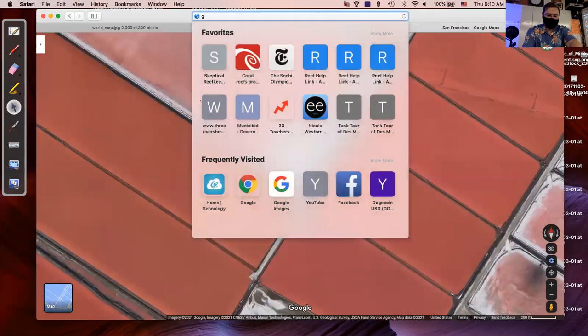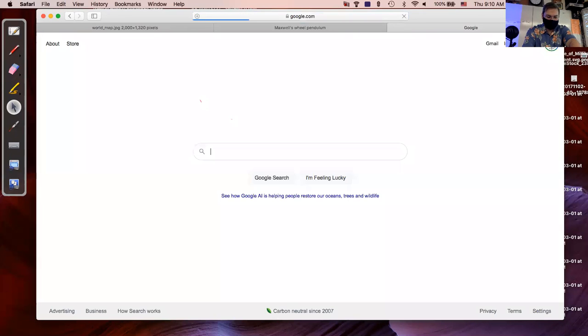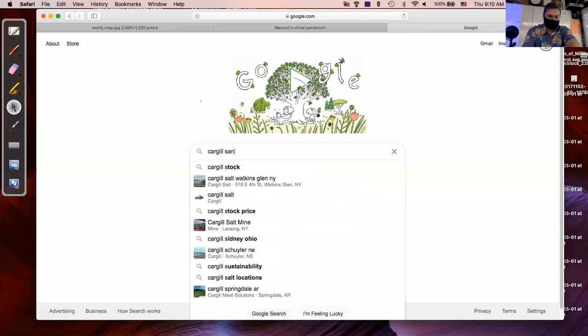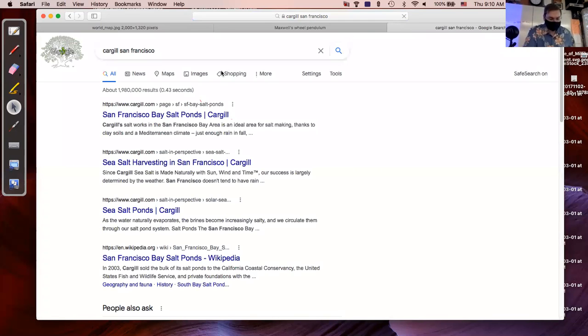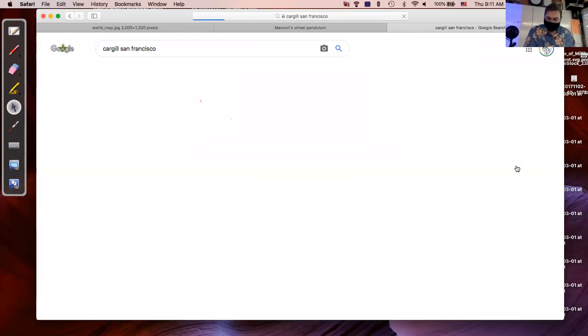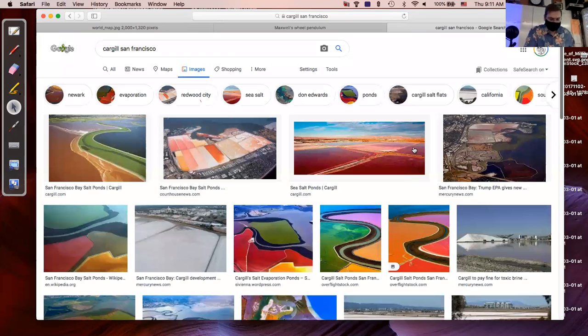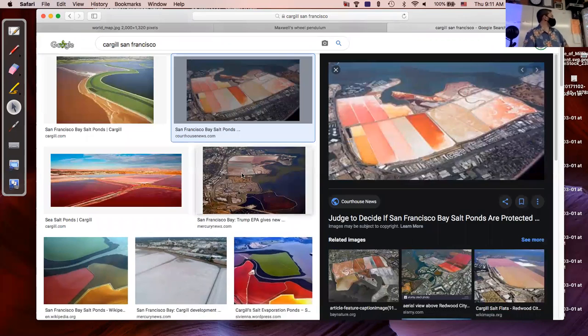And let's see, find a good picture. Cargill, San Francisco. They manufacture, yeah, like here, that's not so bad. Those are the individual salt ponds.